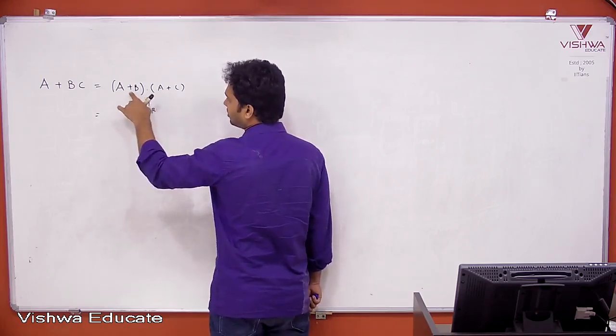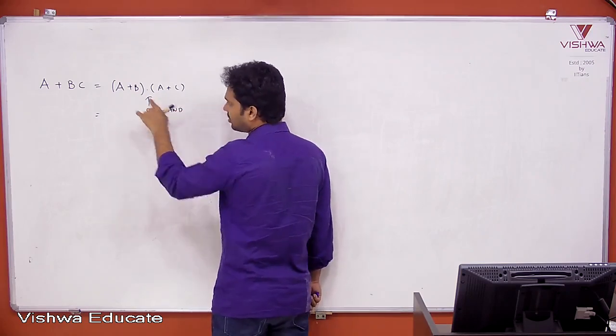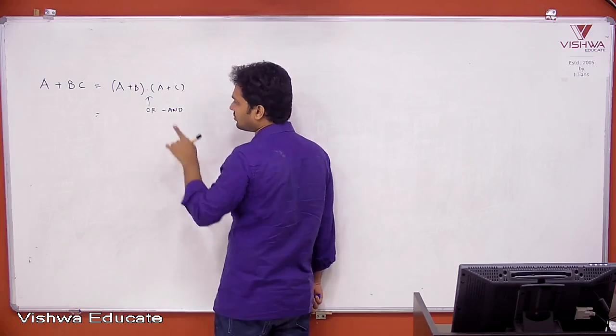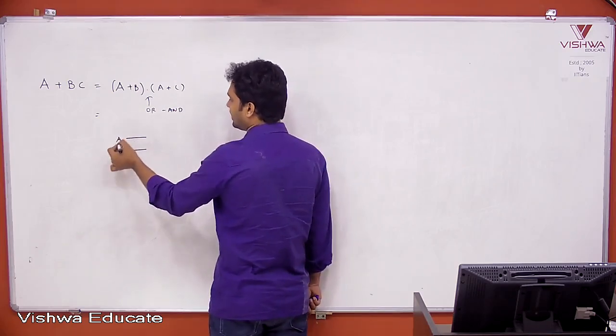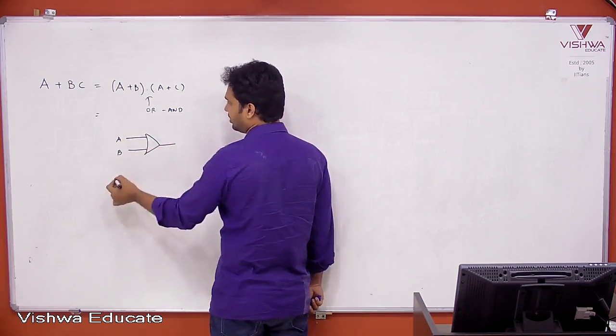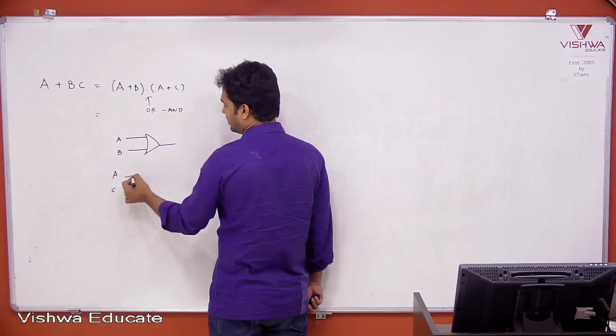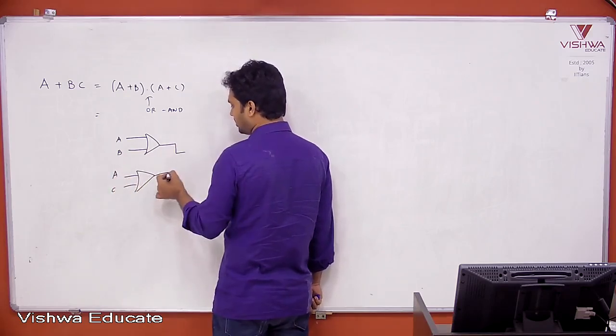It is an AND operation of two OR functions. We call it OR AND. For understanding purposes, we can write A plus B with one OR gate, A plus C with one OR gate, and do the AND operation.